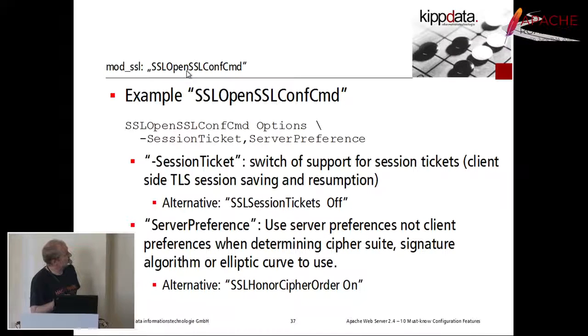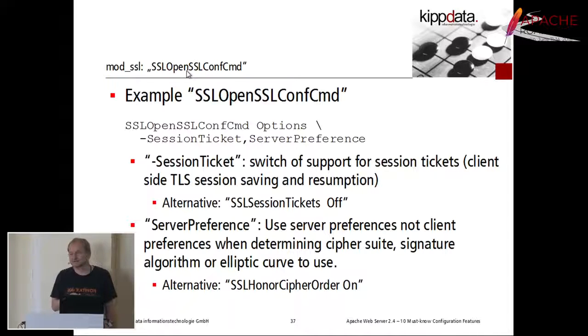So actually these two existed before. SSL session tickets off is a specific directive. It does nothing else than just this here. It was just created to switch the support for session tickets off. And server preference, parts of what it does is done by SSL honor cipher order on. So you could say you don't need it, but you will need it for newer features.